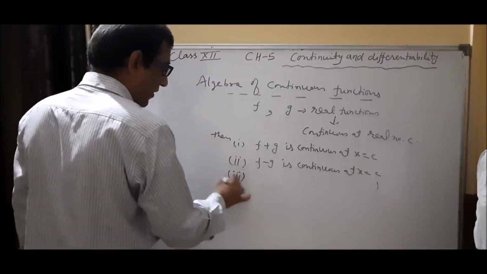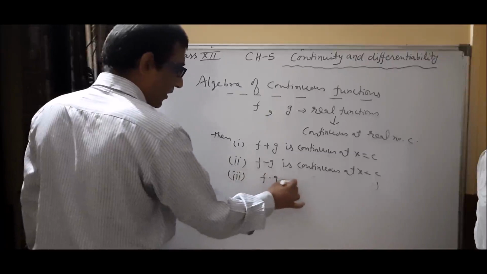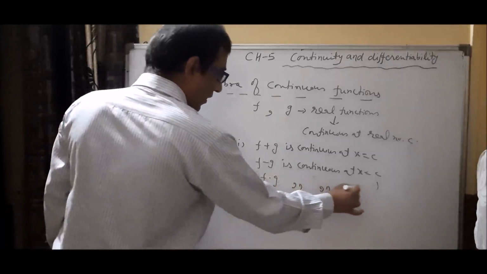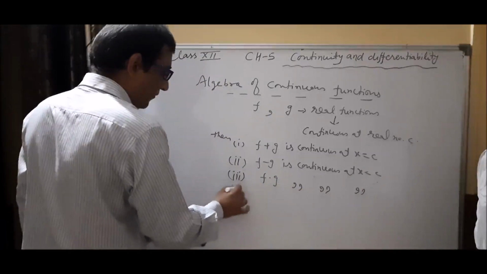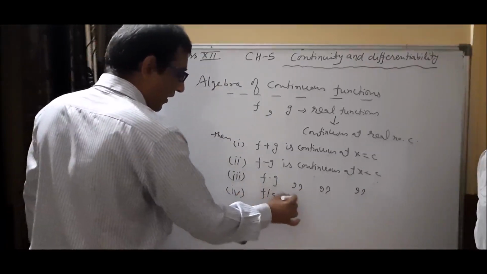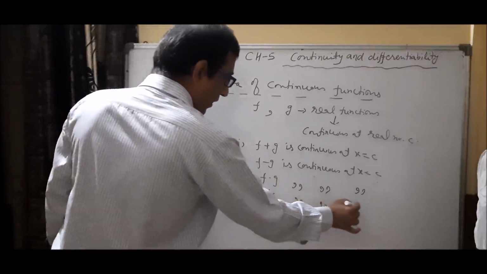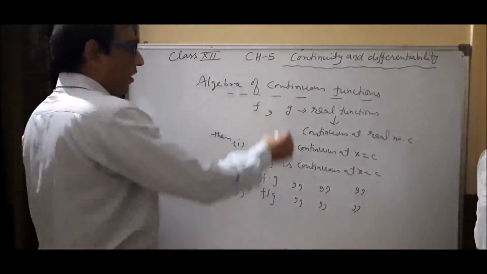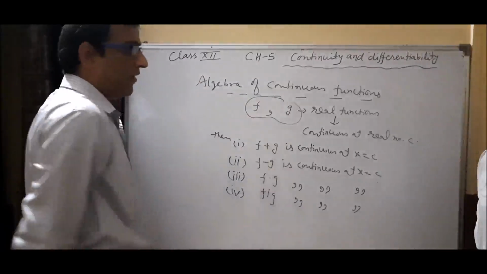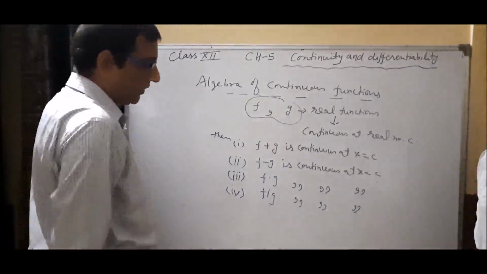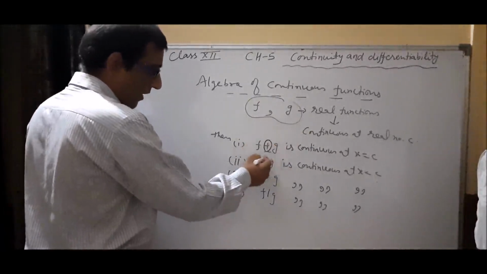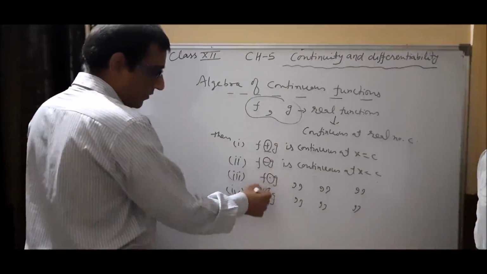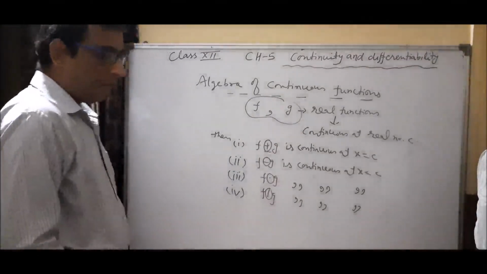Third point, f dot g is also continuous at point x equals to c, or we can say f upon g is also continuous at x equals to c. So if f and g both are real functions, then we can say these are continuous at x equals to c, and with operations they are also continuous. Okay, so we are using here 4 operations.